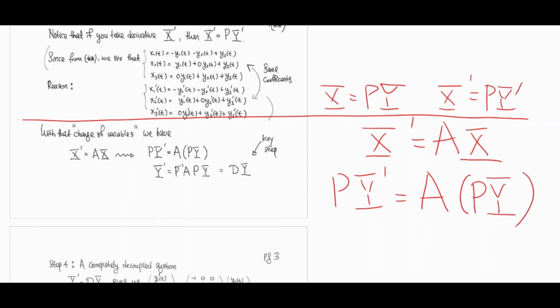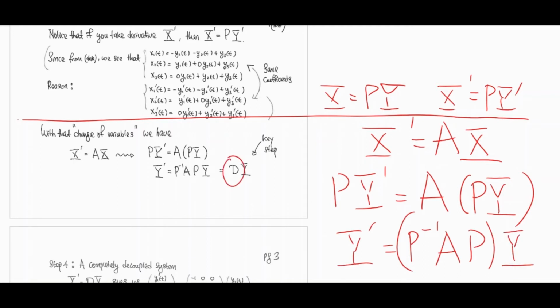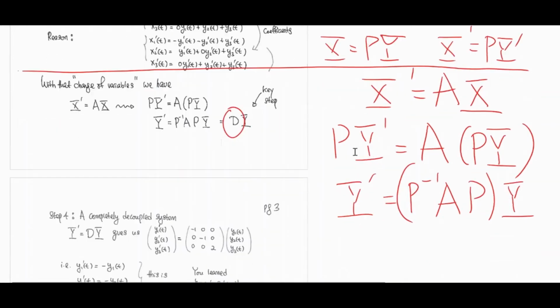Multiply the inverse to the other side, so you have the column vector y prime equals P inverse AP y. Now P inverse AP is our diagonal matrix D. So once you have performed the change of variable, you will see that your y prime is actually Dy. This is key.